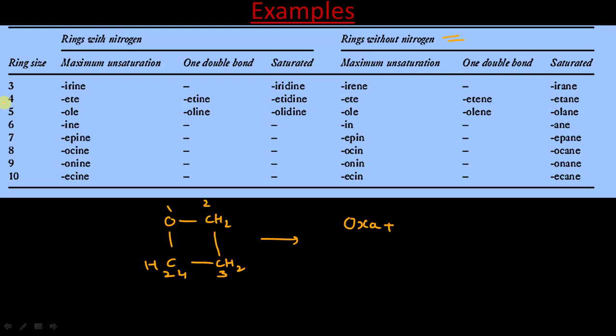So four membered, we will come as saturated. It is etane, oxa plus etane. So its name becomes oxetane, because we have to drop this A because this starts from a vowel. So this is the name of this compound, oxetane.